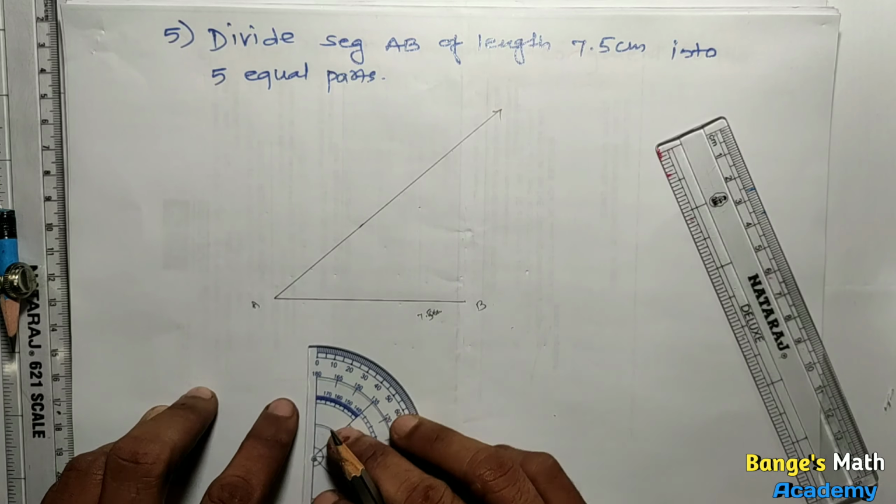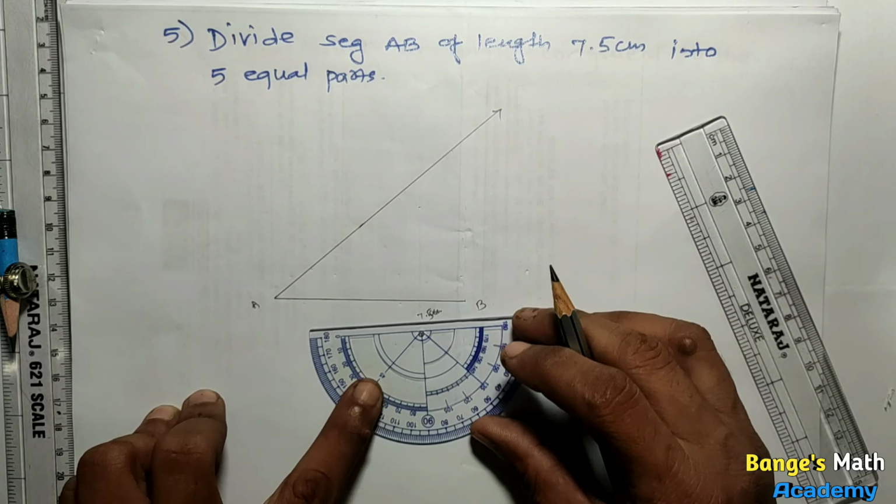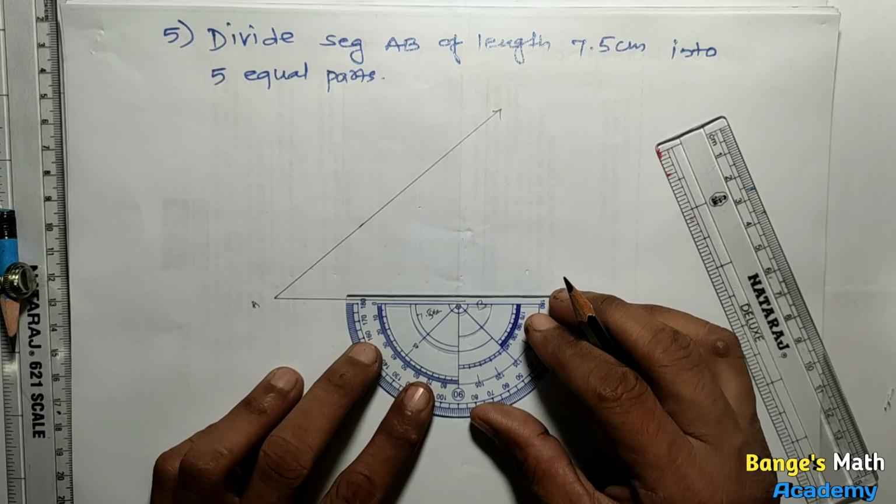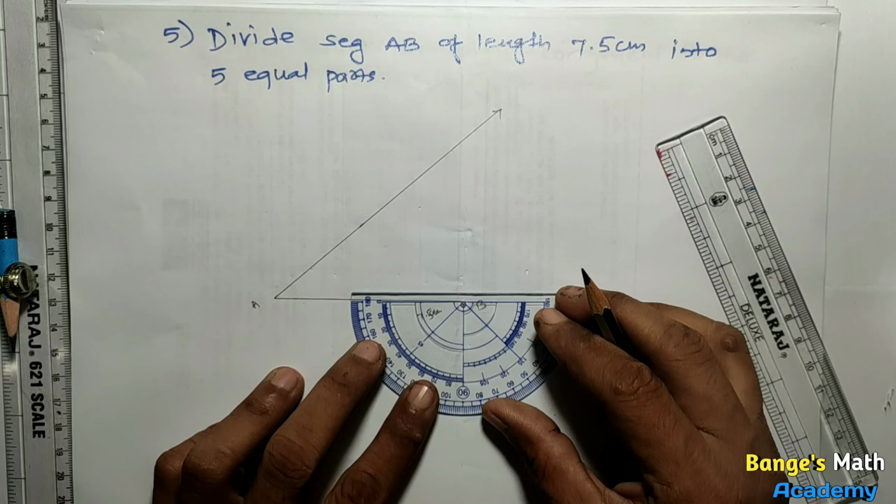Then draw the same angle to the lower side of segment AB at point B.